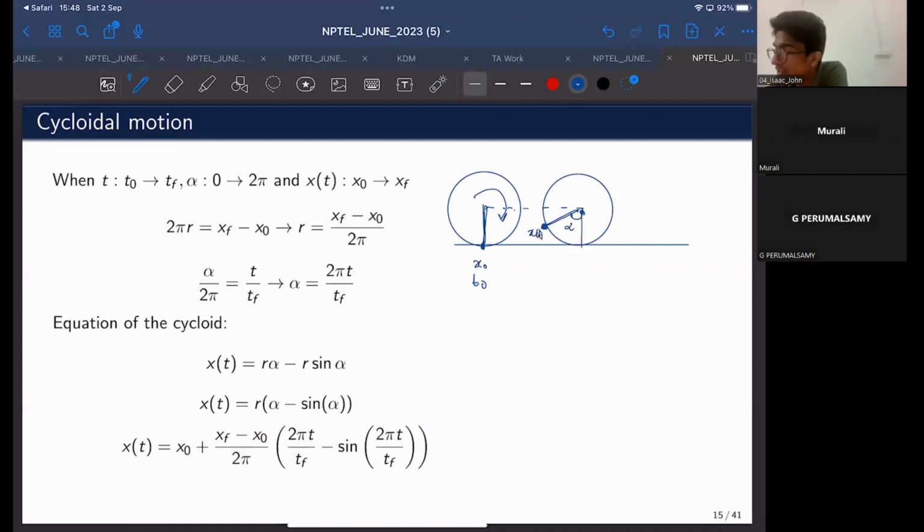So what is this distance? What is the equation of this line? Essentially, we know this total distance to be the arc length. The arc length would be radius times the angle of rotation alpha, r alpha. And this position would be r sine alpha.